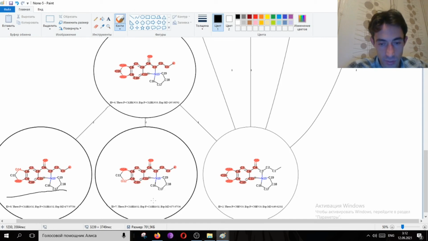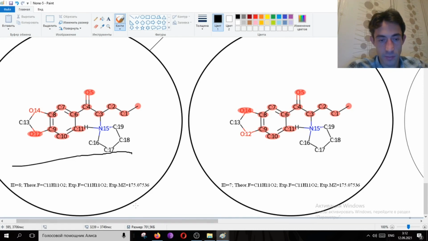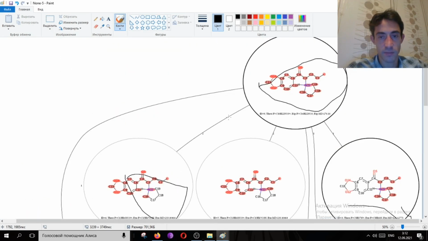So, for example, you can see that the fragment with m/z 175 could be formed only as two consecutive fragmentation events, like here.